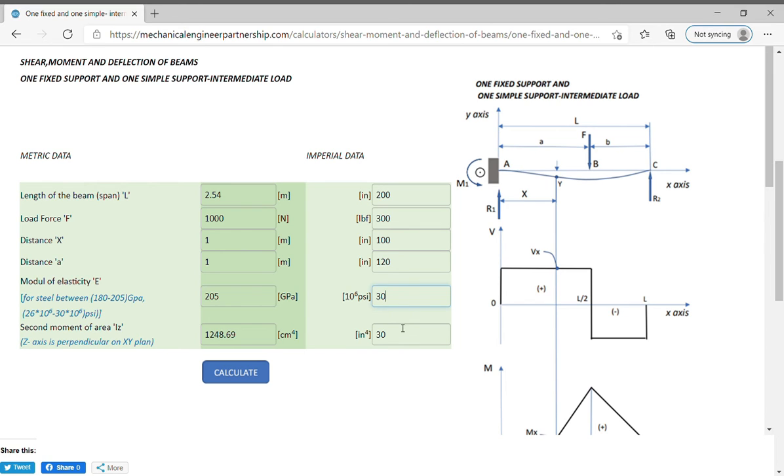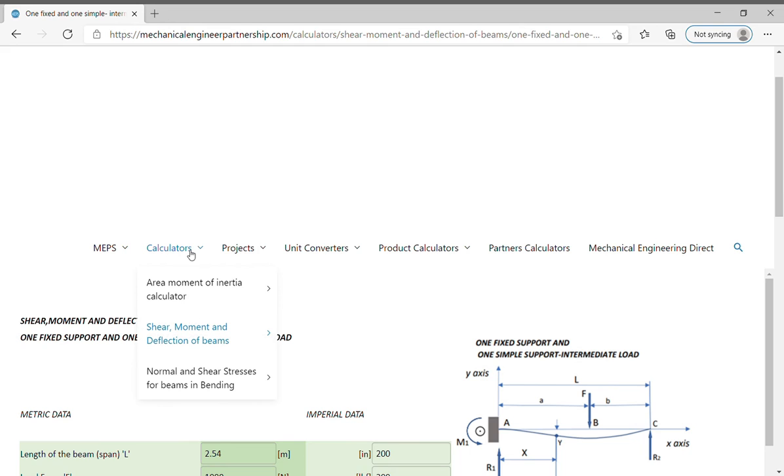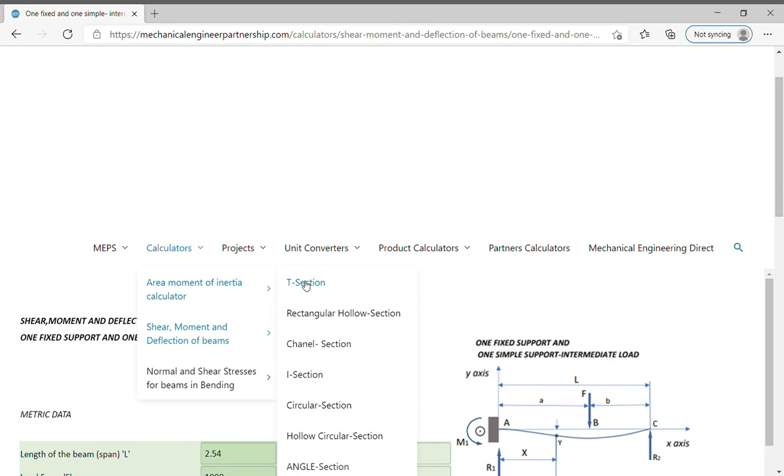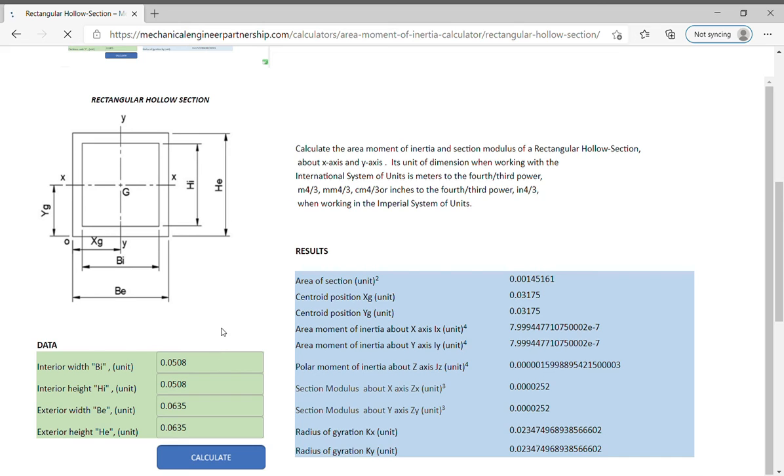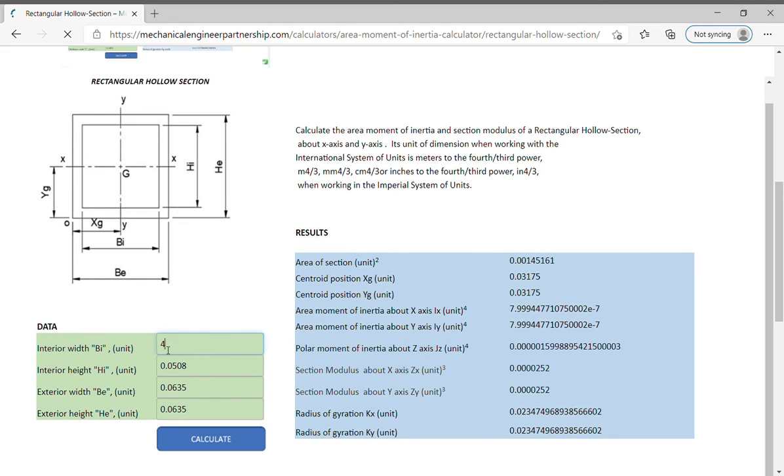In regard to the second moment of area, if you already have the value, write it in the corresponding cell, in inches to the fourth power. If not, choose calculators and then area moment of inertia. Choose your beam section, for example a hollow rectangular section. Choose the dimensions of the rectangular beam: interior width 4 inches, interior height 5 inches, exterior width 4.5 inches, exterior height 5.5 inches.